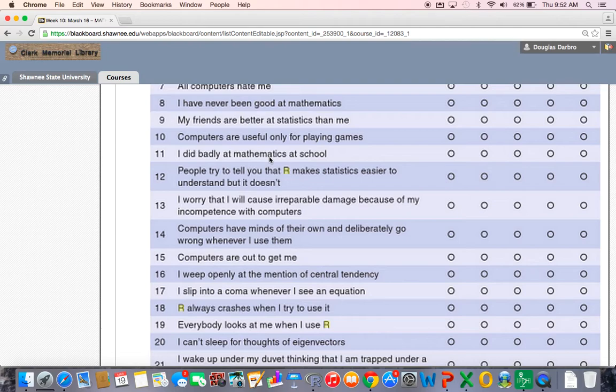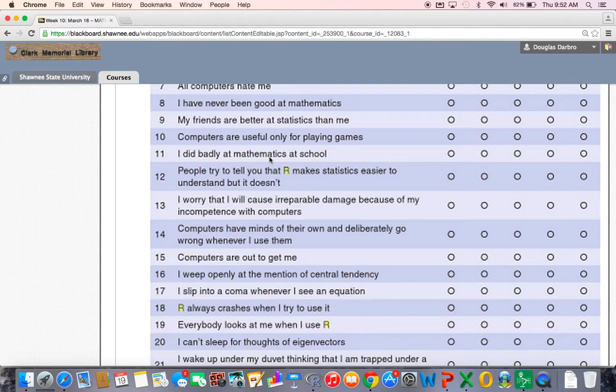So these underlying constructs that we've unraveled or detected, it looks like to me are fear of computers, fear of statistics, fear of mathematics, and a kind of a peer evaluation component.